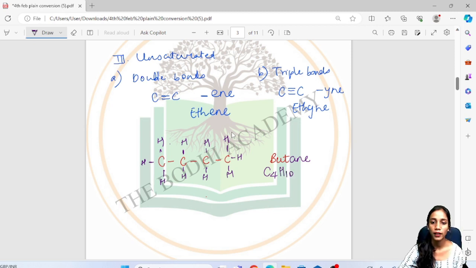This can also be written part by part, as in you go by the structure and write the formula. The first part is CH3. Then the second part is CH2. The third part is CH2.